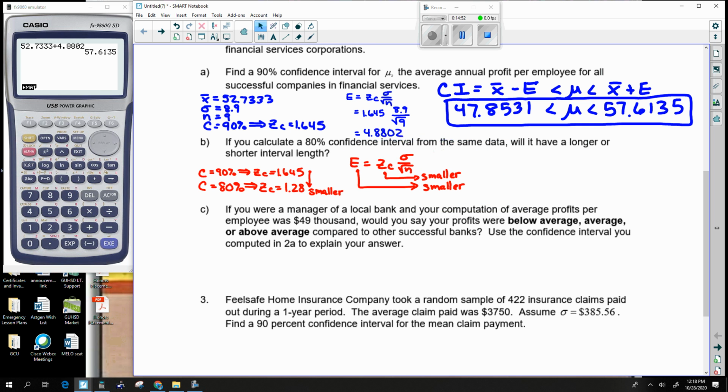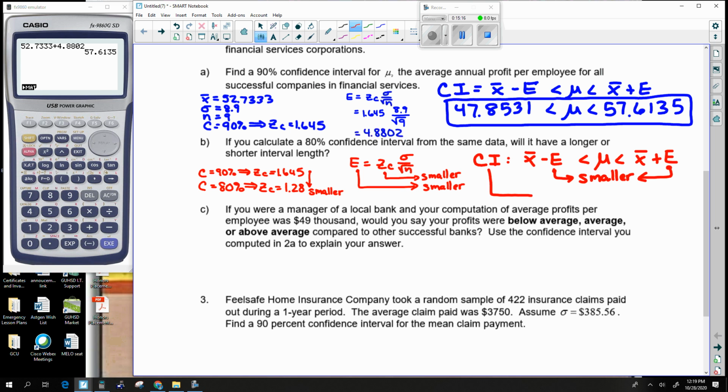How does that have to do with anything? Well, that directly affects the confidence interval. What I just showed is E just got smaller. So if I add a small number and subtract a small number, this ultimately will get shorter.